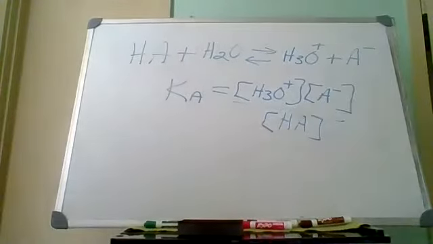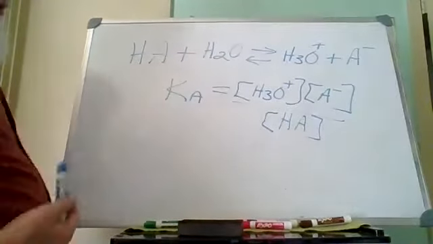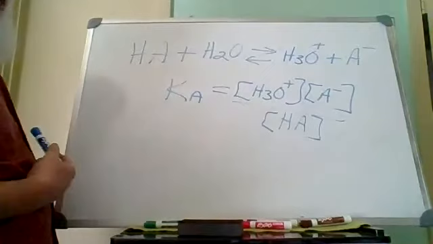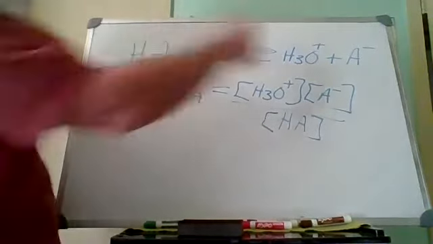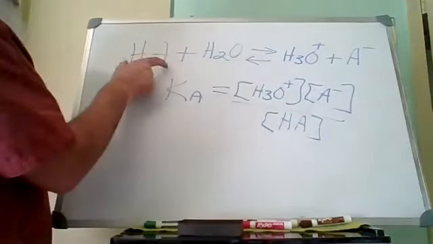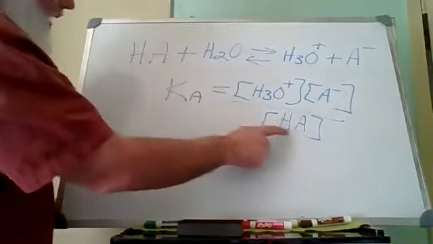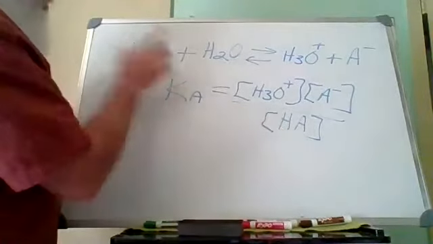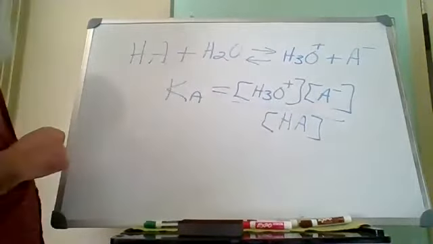For our purposes, we could calculate it from this acid dissociation reaction here. We could calculate the degree of ionization as just this concentration of hydronium ion divided by the starting concentration of this, not the final, not the equilibrium concentration, the starting concentration before equilibrium sets in.